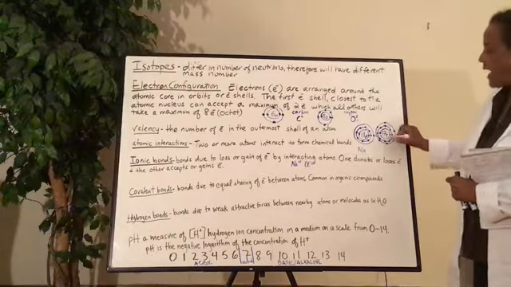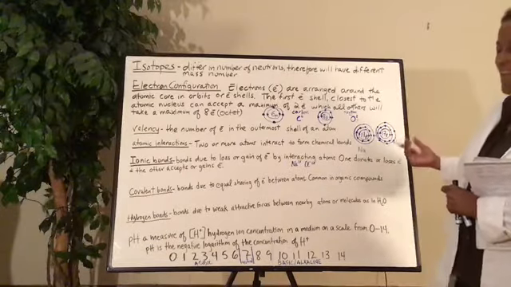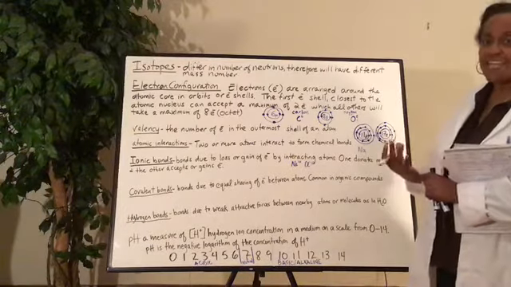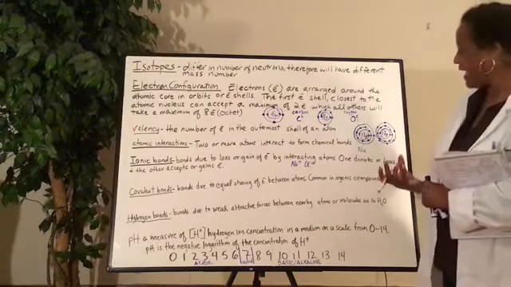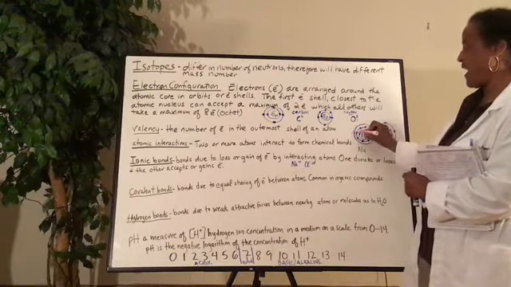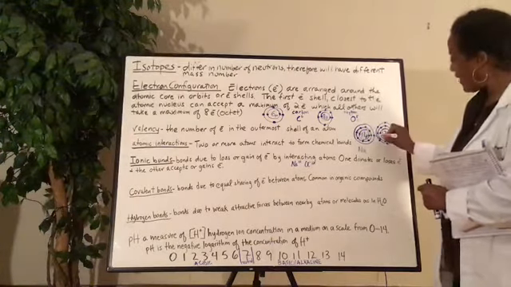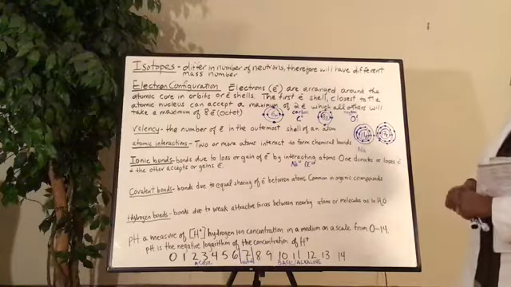This shell would be a lot more stable if it had 8 in it. It's fine. It doesn't have to have 8, but it's an octet rule that it can hold 8. This shell would be a lot more stable if it had 8 in it, but it only has 1. So let me see if I can't make that red.